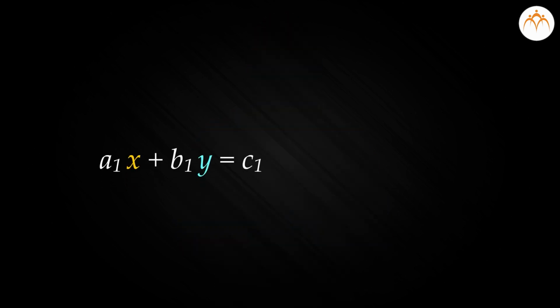Kramer's rule for simultaneous equations. Now, let's learn how to solve simultaneous linear equations in two variables using determinants, that is, by Kramer's rule. Suppose the given two simultaneous equations are a1x plus b1y is equal to c1 and a2x plus b2y is equal to c2.